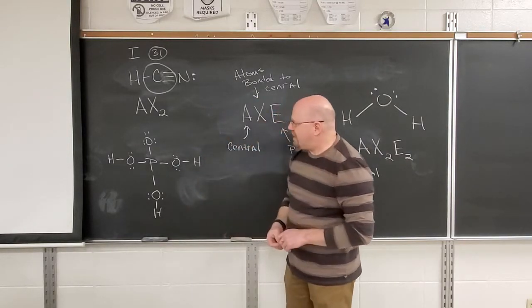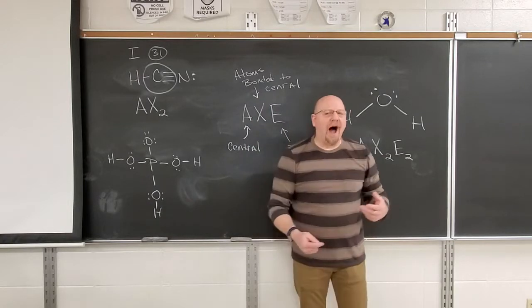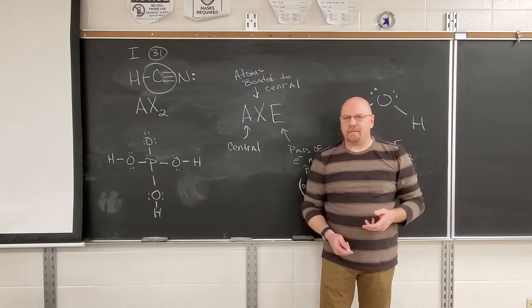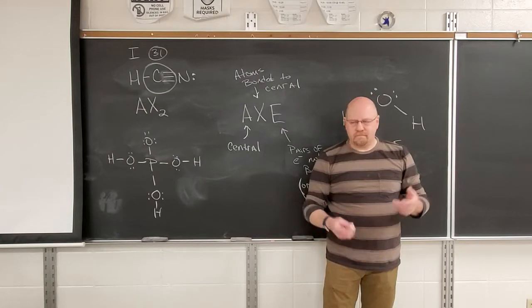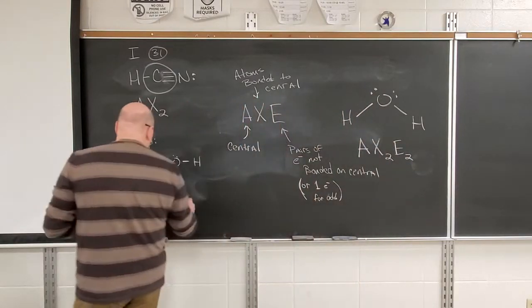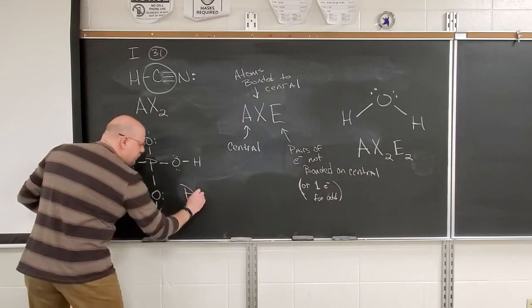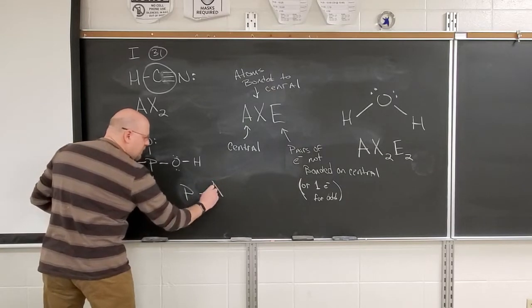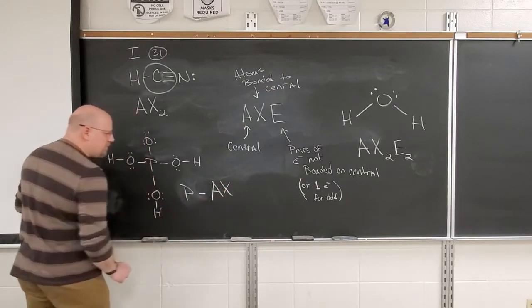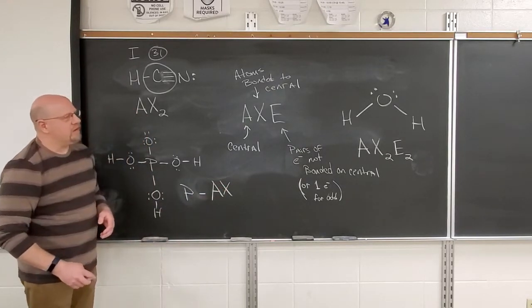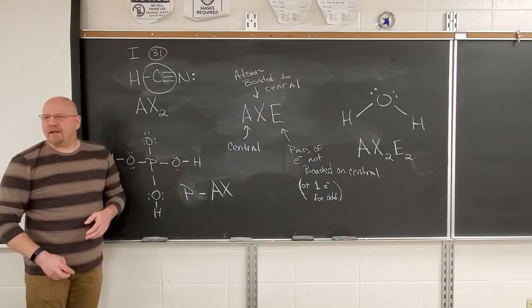Because what's the most obvious central atom? The phosphorus. Okay? So for the phosphorus, the VSEPR notation would be AX. Brandon, I'm going to give you another chance here. What's the X represent?